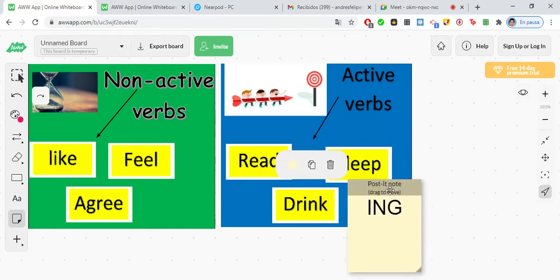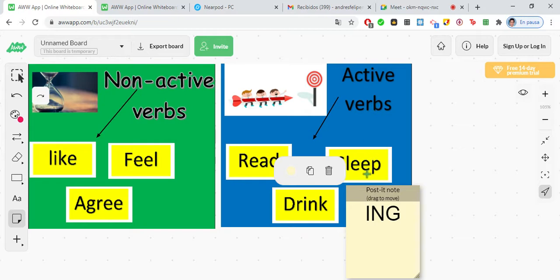So remember, with the active verbs, I need to add the ing form, and with the non-active verbs, they stay normal. I don't modify these verbs, because these non-active verbs express an emotion, a feeling, something that is abstract, okay? Something abstract. But the active verbs express something that is real, an action, something that you can see, you can listen, you can hear, okay?